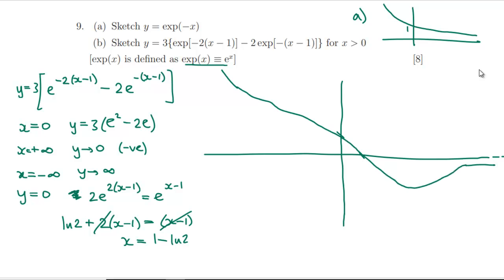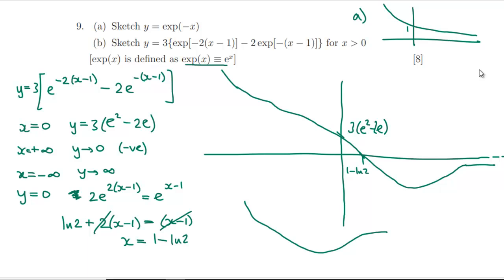If we can find one turning point, so that's at, what did we say that was? 3 times e squared minus 2e. That is at 1 minus log 2. So all we need now is the turning point, and then probably to redraw it as a smoother line that looks a bit, well, that's still not that smooth, but you can see what I'm getting at.